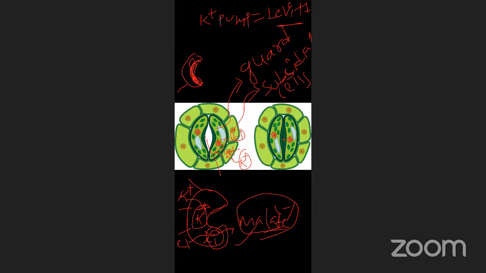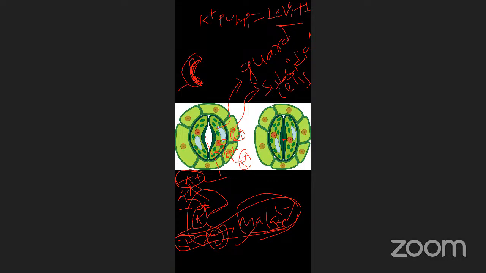Apart from the K plus and H plus sent out from the guard cell, only H plus is present in the subsidiary cell, but minus in the form of chloride and malate, negativity is present in the guard cell.